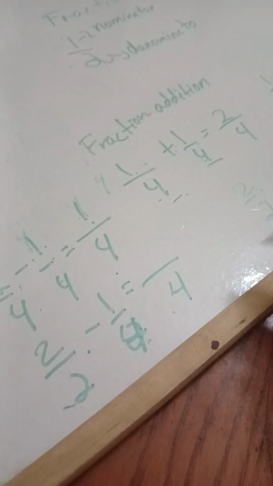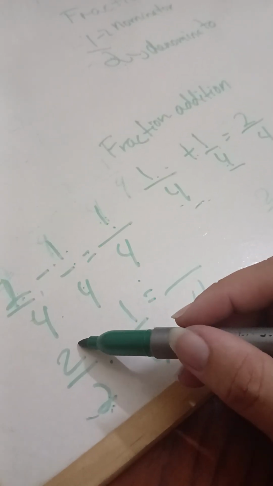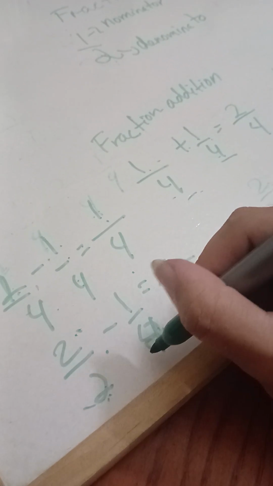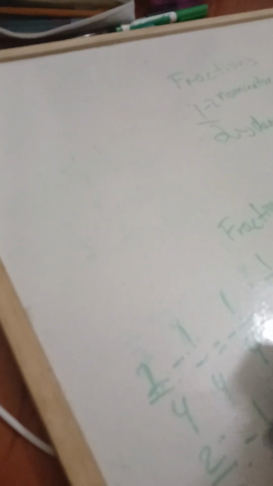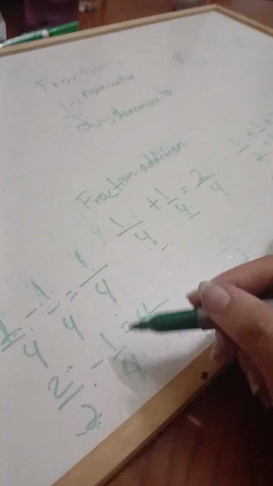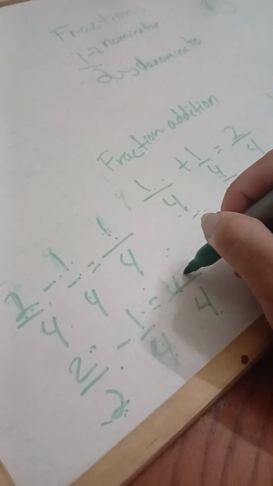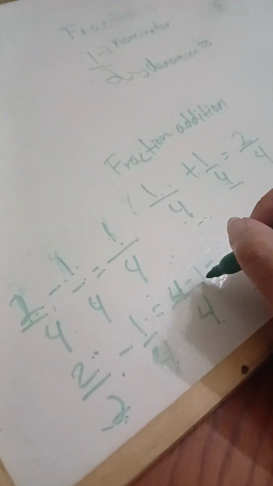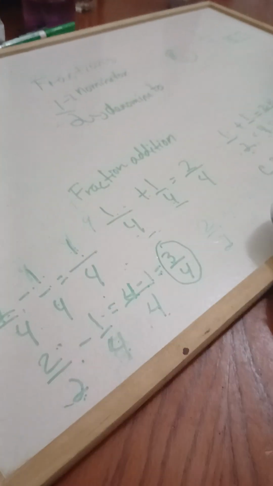So you do the same. 4 divided by 2 equals 2. 2 multiplied by 1 is 2. 4 divided by 4, 1. 1 multiplied by 1 equals 1. So now you do the subtraction. 2 minus 1 is 1/4 is your final answer.